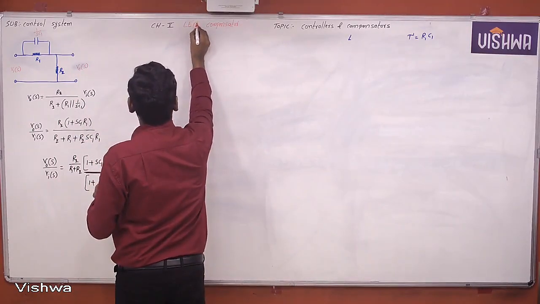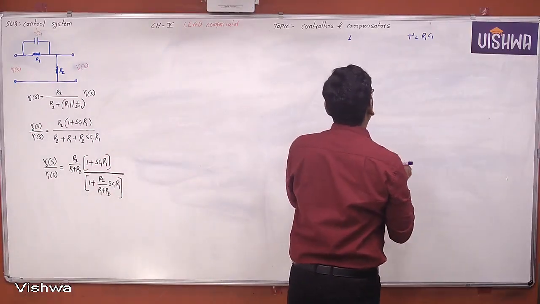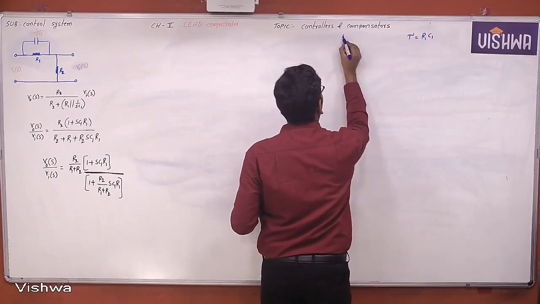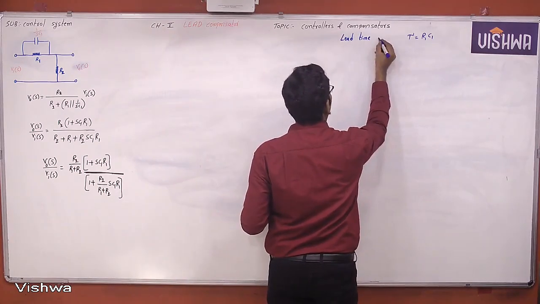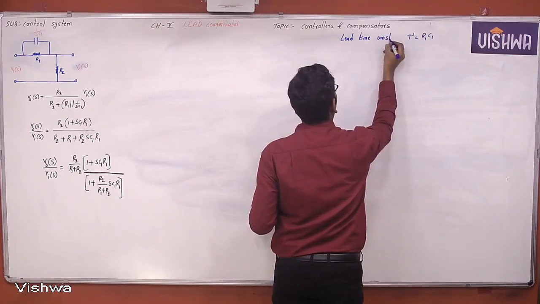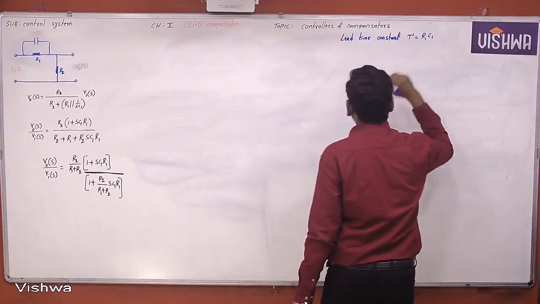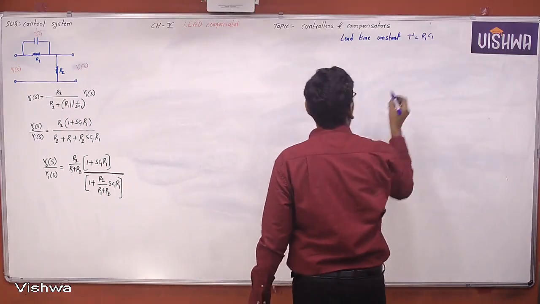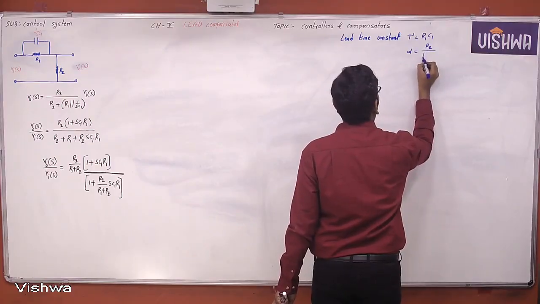We will verify that. If this is really a lead compensator, then this is called the lead time constant. Now tau equal to R1C1, the lead time constant. And this is the compensator constant alpha, which is equal to R2 divided by R1 plus R2.